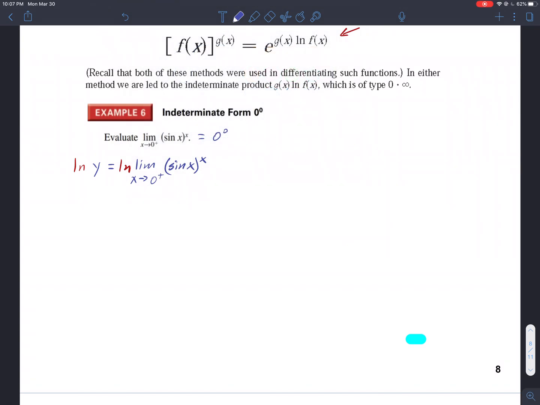So first off, I can move that limit notation to the outside on the right and put the ln on the inside. And then I can pull this x out in front of the natural log using the power rule for logarithms.